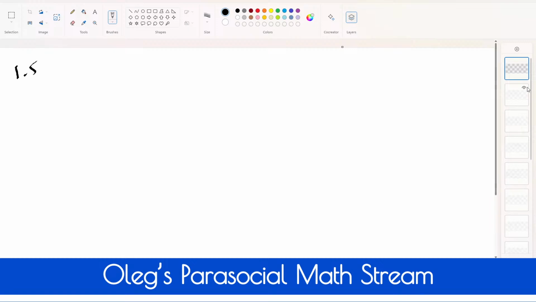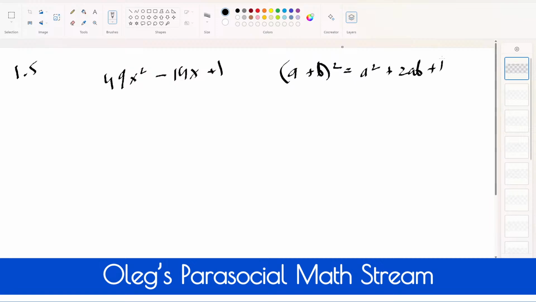So I probably made this a little complicated in my explanation. Let me try to simplify it on the try it factor. So we have 49x squared minus 14x plus 1. We'll take our formula, a plus b squared is equal to a squared plus 2ab plus b squared. So we know that 49x squared is equal to a squared, and we know that 1 is equal to 1 squared, is equal to b squared.